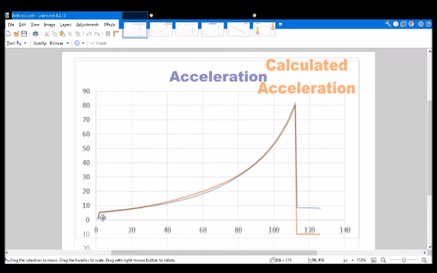And you see that they are matching, almost the same, very much, until a certain point, maybe from here until here. Then a difference starts. Where did that difference come from? Why is the calculated acceleration more than the actual acceleration?